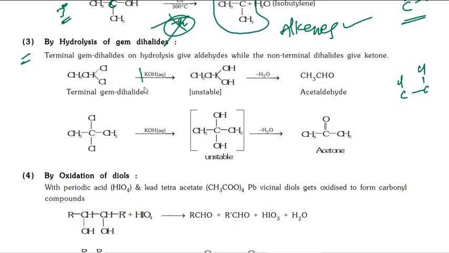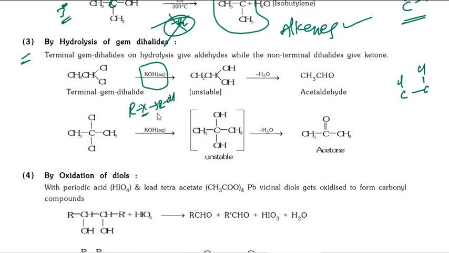So we use aqueous KOH. What is the aqueous KOH doing? RX2 goes to R(OH)2. It is removing the halogens and substituting OH minus. KOH is K plus and OH minus, a good nucleophile, replacing the halogens. Two halogens are replaced by two OH groups.